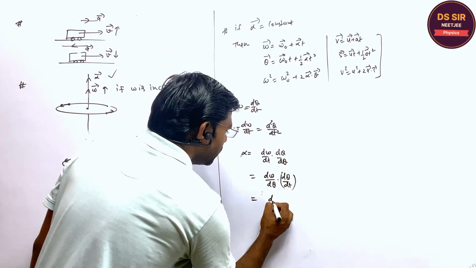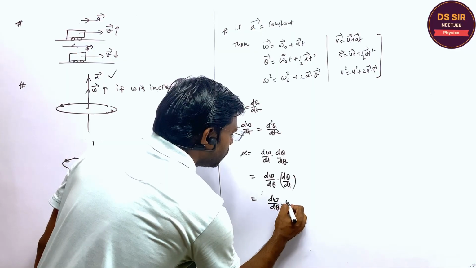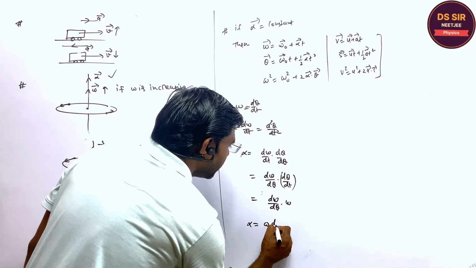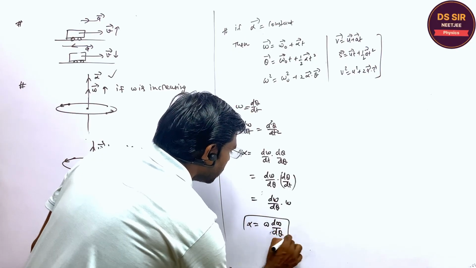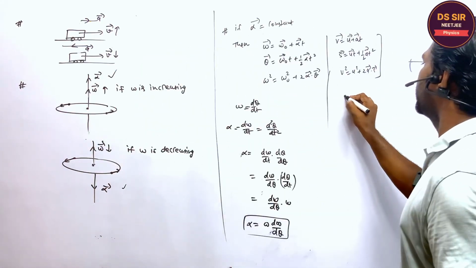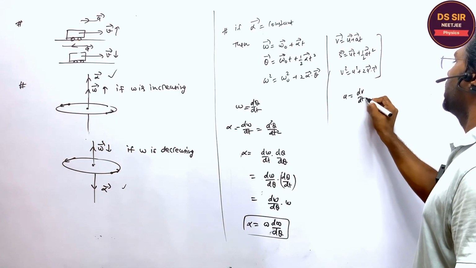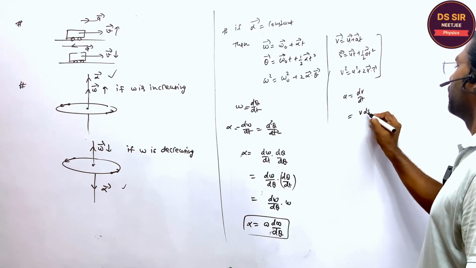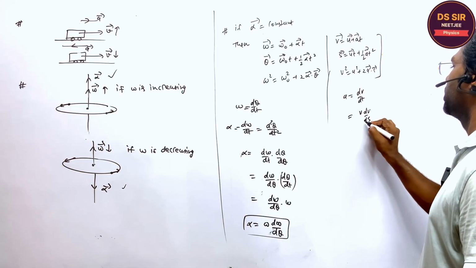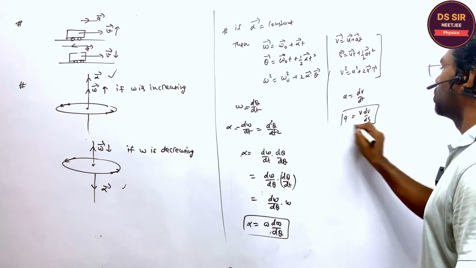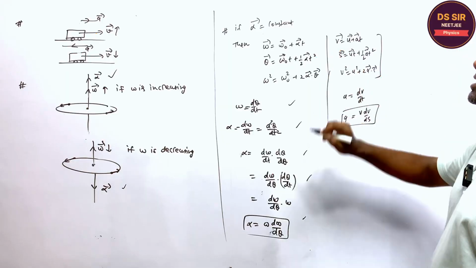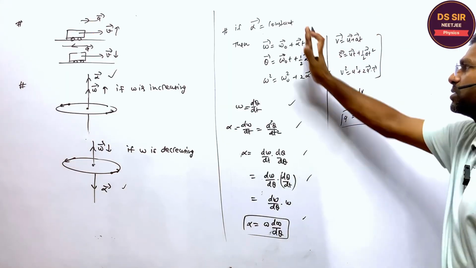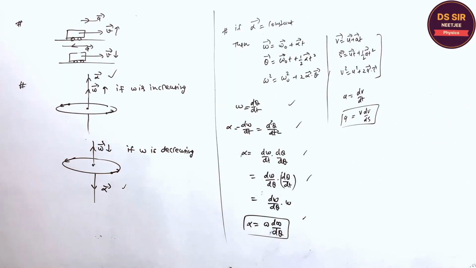So it is d omega upon d theta into omega. Alpha may be written as omega d omega upon d theta. I think you know that in translational motion the acceleration is dv upon dt, and in terms of displacement, v dv upon ds. So all the equations are very much similar to translational motion. You may copy this side, only you have to copy this, right?